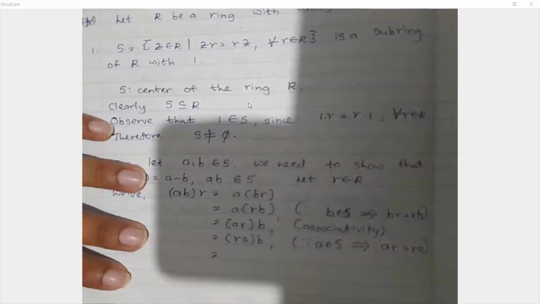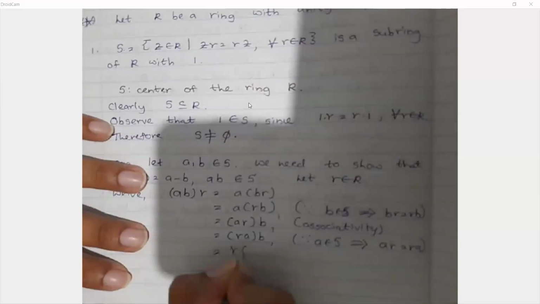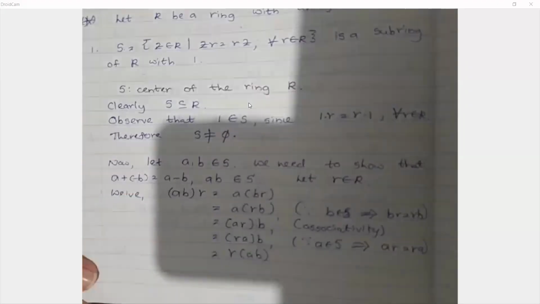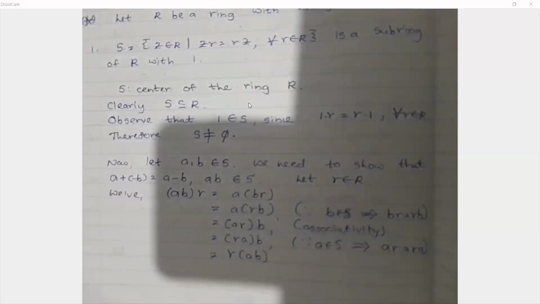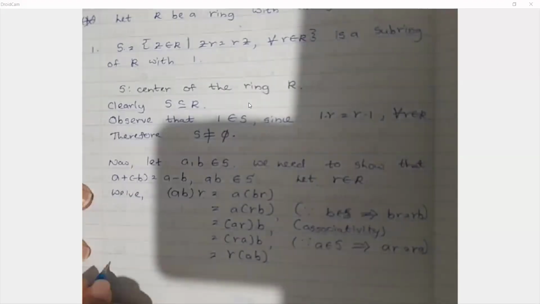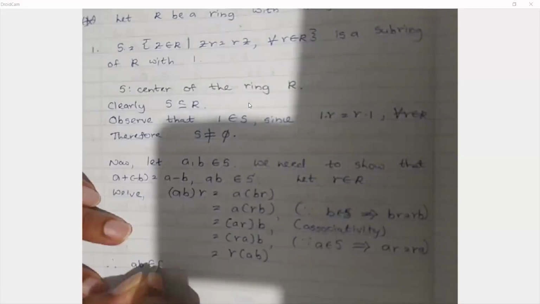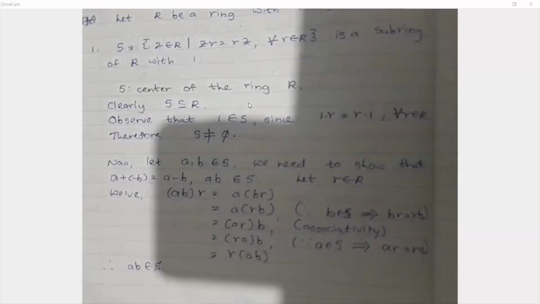Now, using the associative property, we have r times ab. So r is chosen arbitrarily, and we have ab times r equal to r times ab, so that by definition of S, ab belongs in S. So S is closed under multiplication. Now we have to show that it's closed under subtraction.